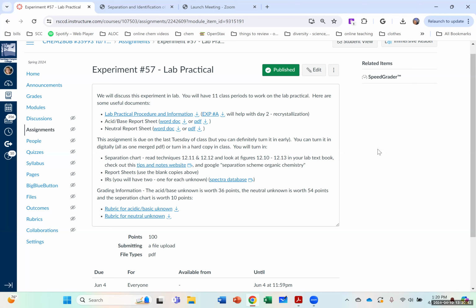If you're asking me about waste or safety or where to find a chemical, I'll help you with that stuff, of course. But with the actual procedures and how to figure out your unknown, that is on you once the lab starts. If you have questions before we get started, if you want to chat on Monday or Tuesday before class, I would be more than happy to.